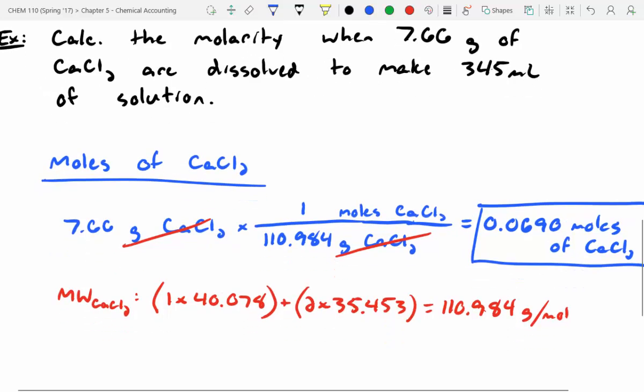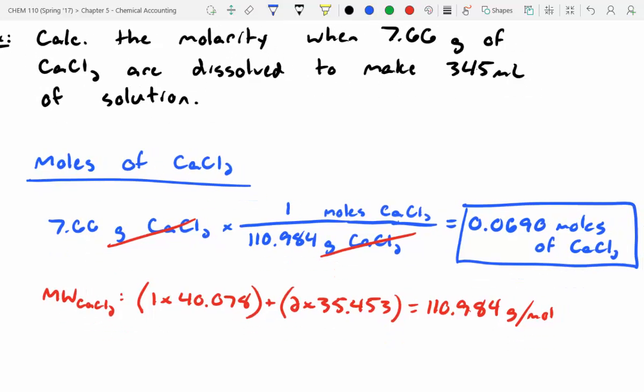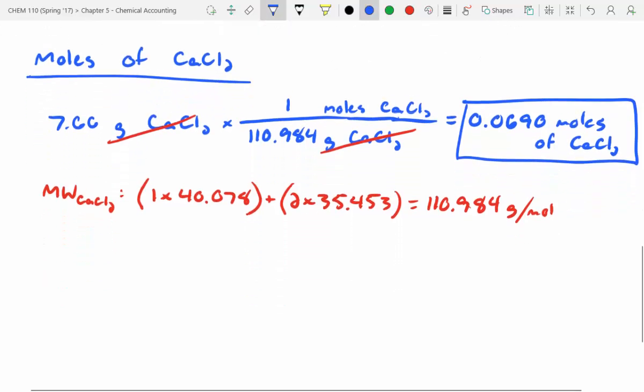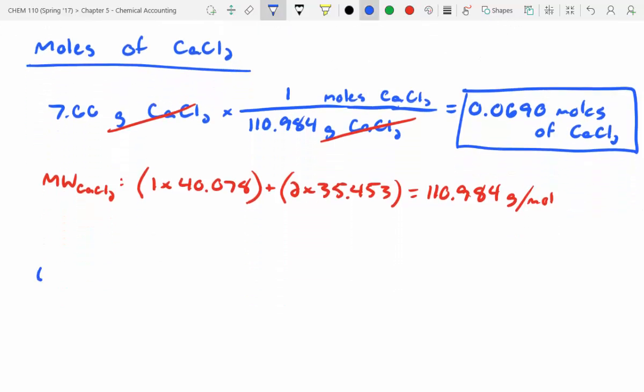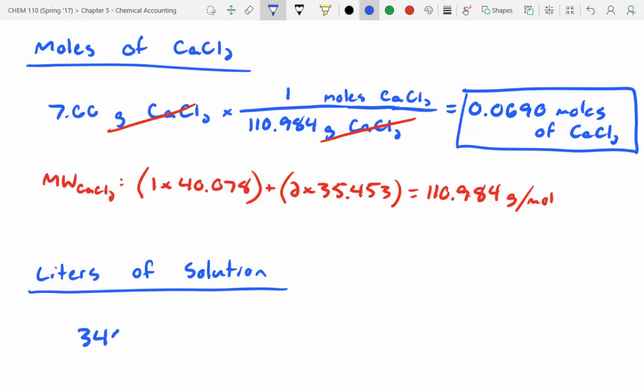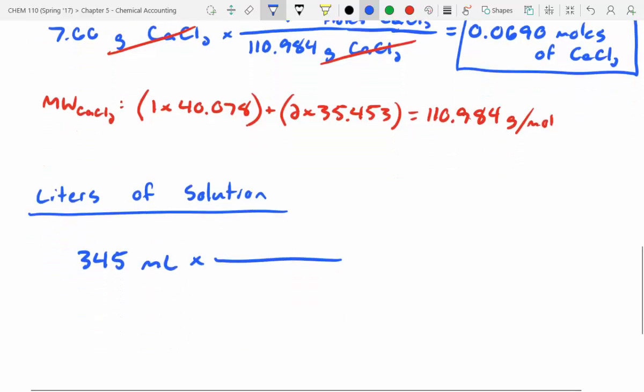All right. The other problem I see is we're not given the liters. We're given milliliters, so we've got to do a unit conversion from milliliters to liters. So let's do that. In this case, we were told that we had 345 milliliters. We don't want milliliters, we want liters.